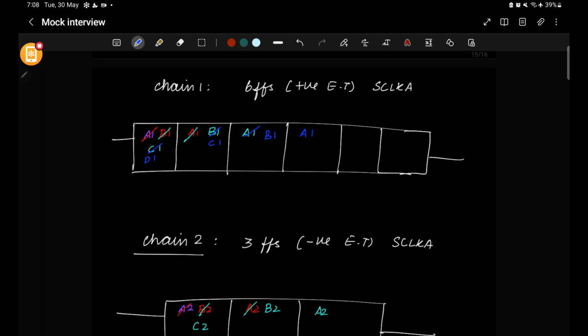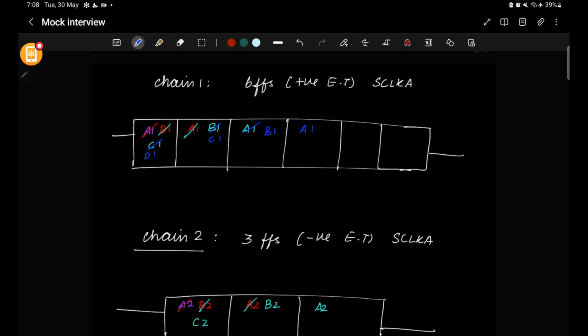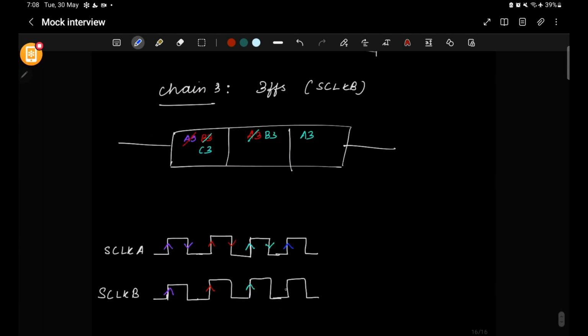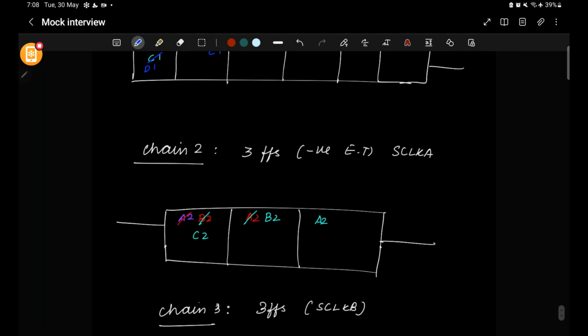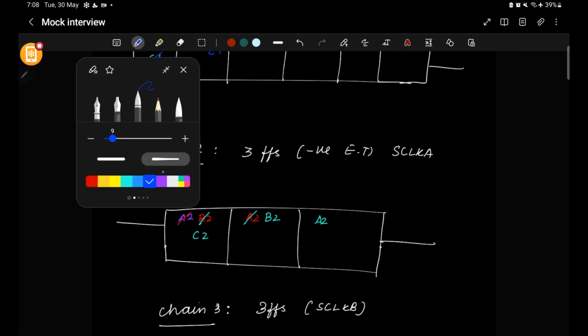Okay. So this is what will happen here. And during the rising edge of scan clock B, no operation will happen because already the data has got shifted into the 3 flops of the scan chain. And during the falling edge of this pulse, also no change will happen because already the data has got shifted into chain 2.